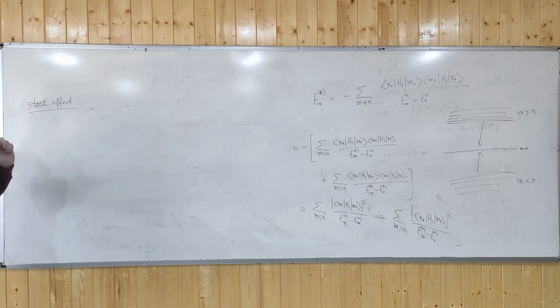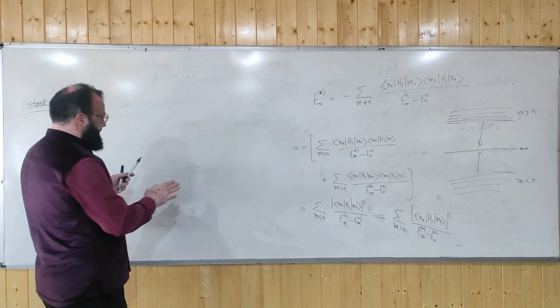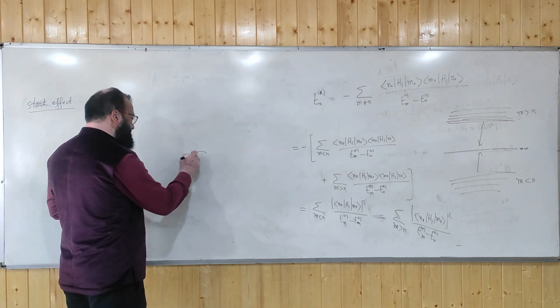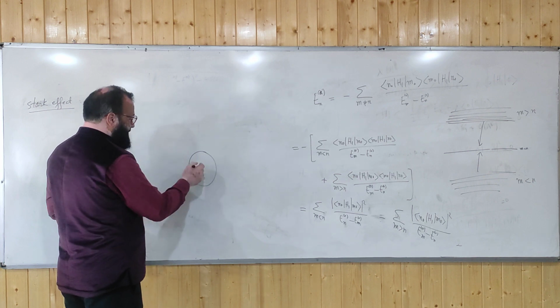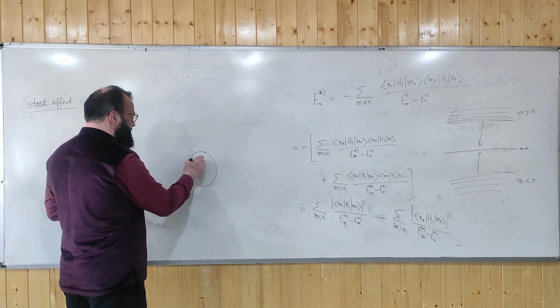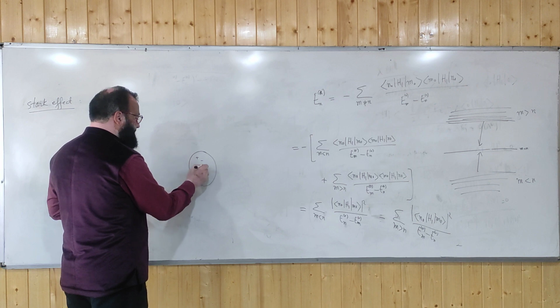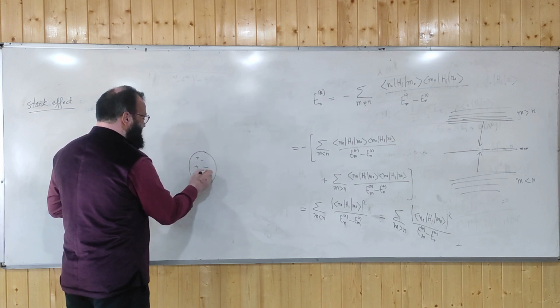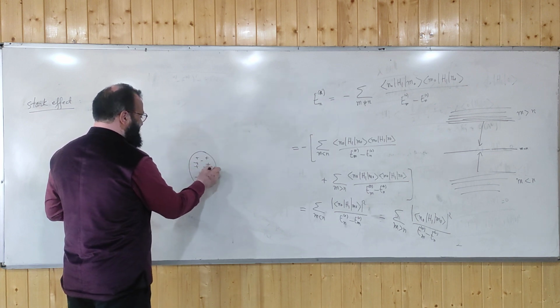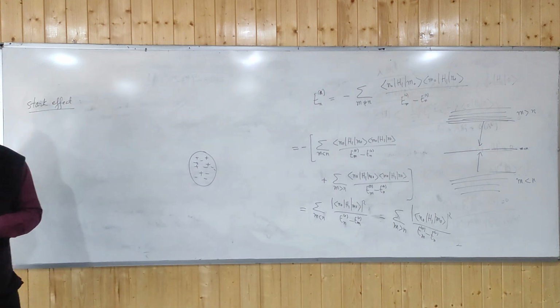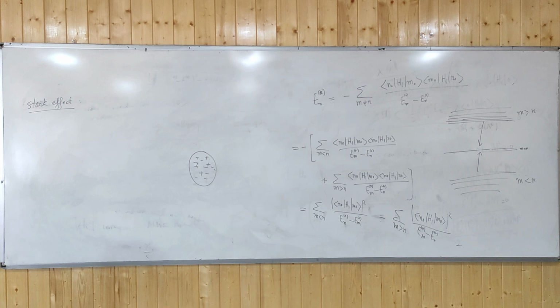Clear? So suppose you are having a charge distribution, where positive and negative charges are equal. Let's intuitively understand this. If you put this kind of distribution in an electric field, what will happen?